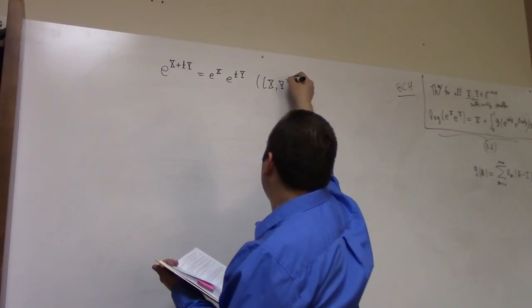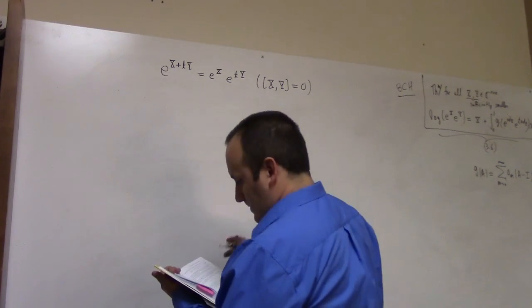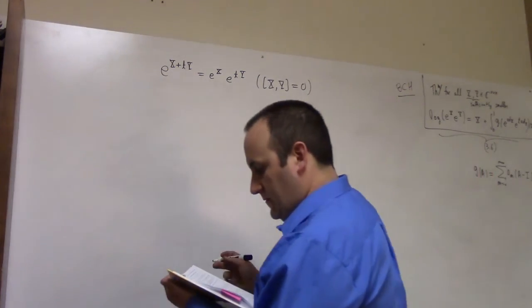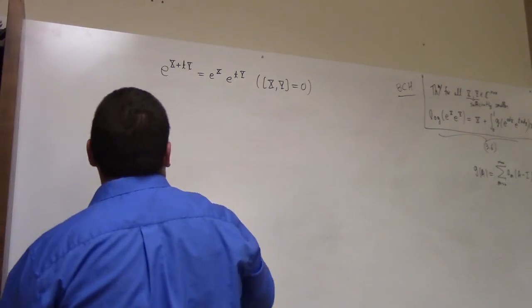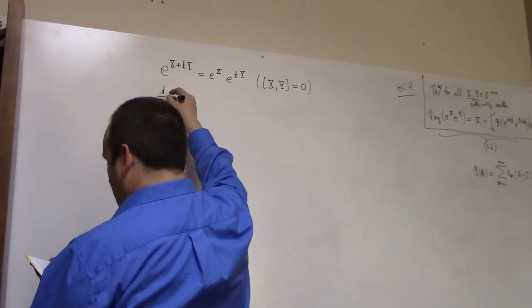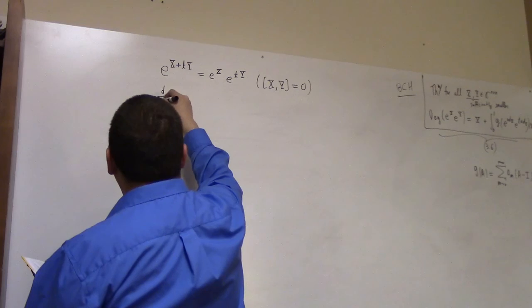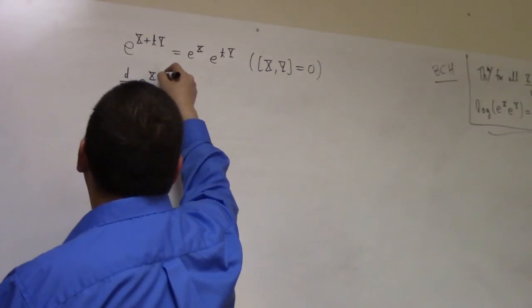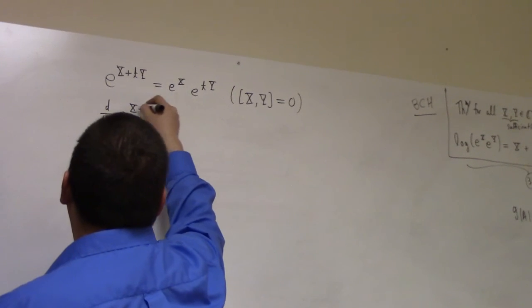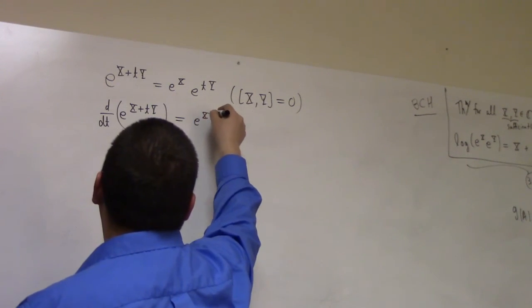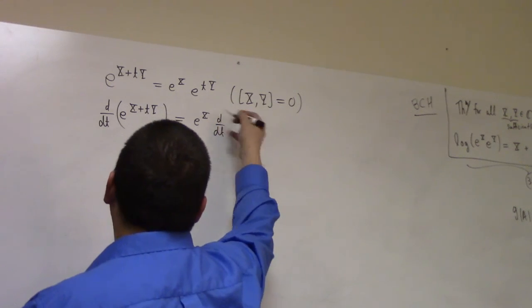What if they don't commute, though? In the case they commute, if you calculate the derivative with respect to time of e to the x plus ty, what do you get? You can just pull the e to the x out, right?